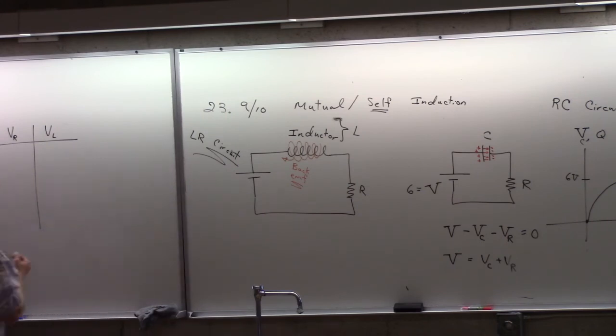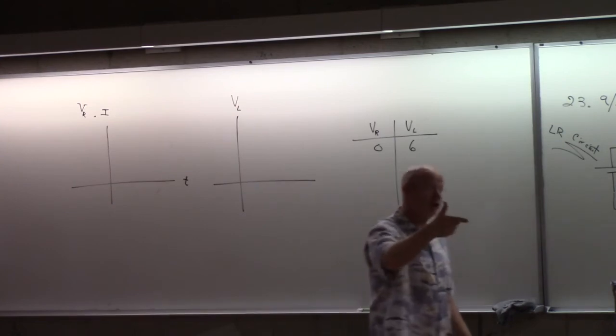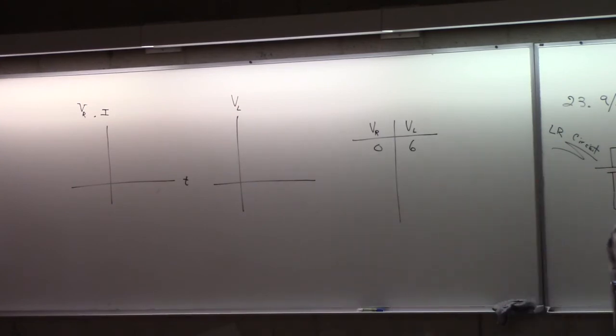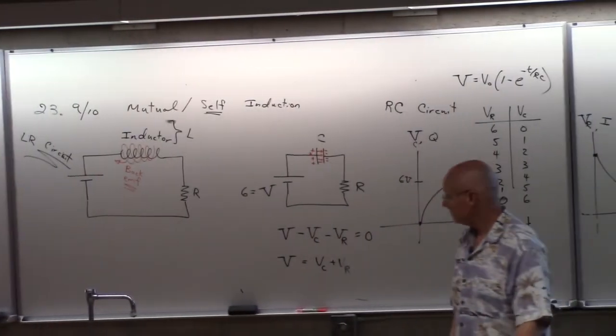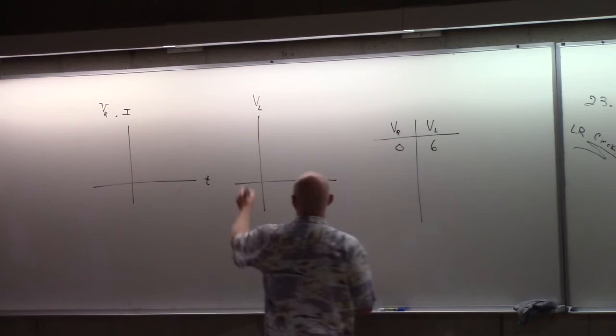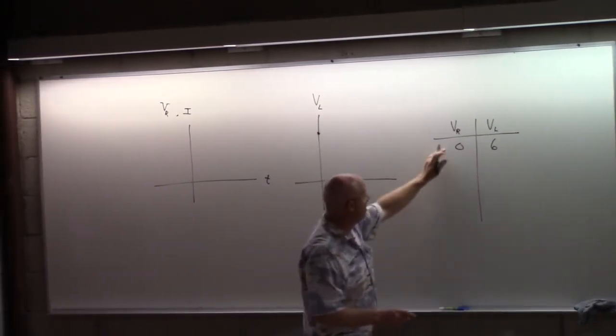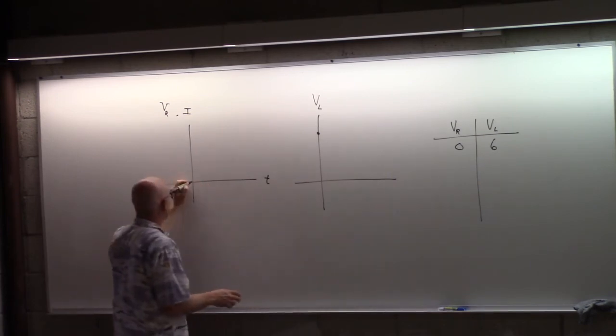And so that's when you're going to get 6 volts on your inductor. You're not going to get any current. You're trying to change the current. Remember Faraday's law, you get a voltage not because there's a current, not because there's a magnetic field, but because there's a changing one. And so at first, you get this huge voltage on the inductor. And so it would be 6 on the inductor, but 0 on the resistor.